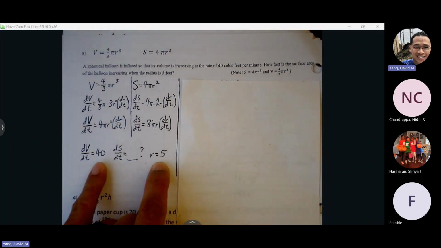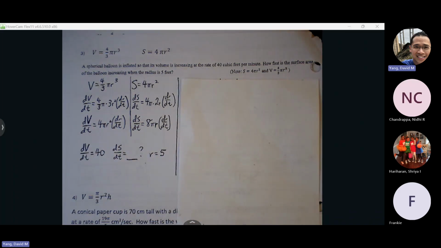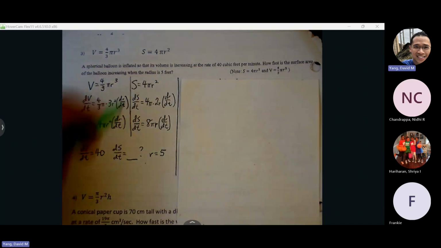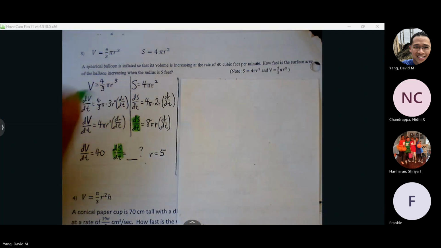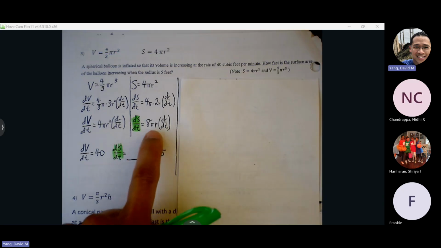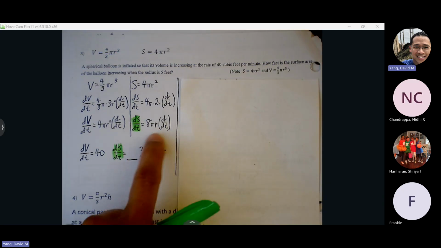Okay, so now all the calculus is done. We're just having to use the appropriate equations to help us get to our final variable. So we're looking for dS dt. So dS dt requires r and dr dt. Well, r is ready for us to use. That's good.